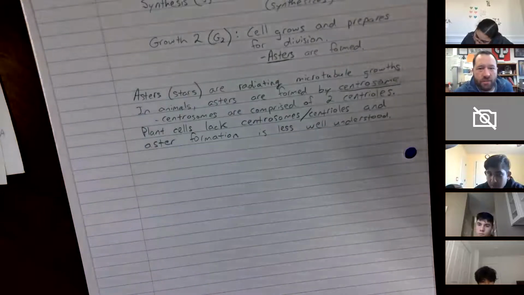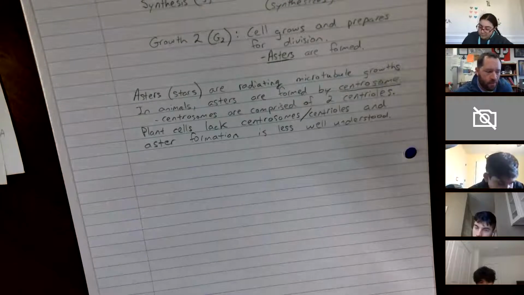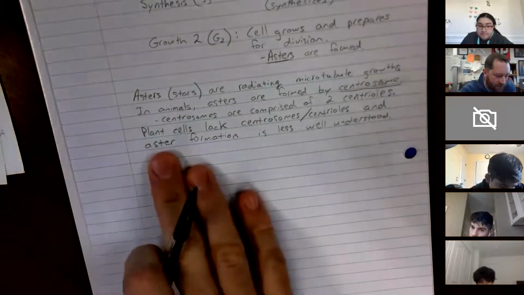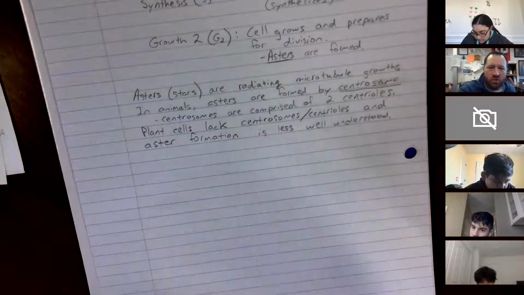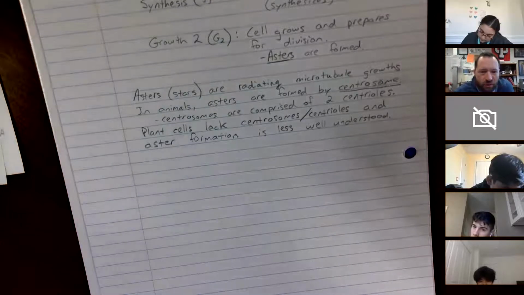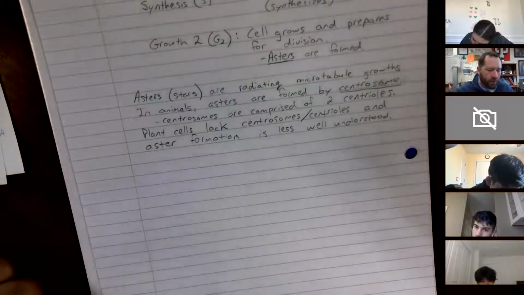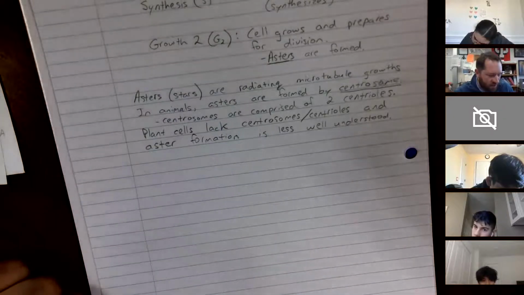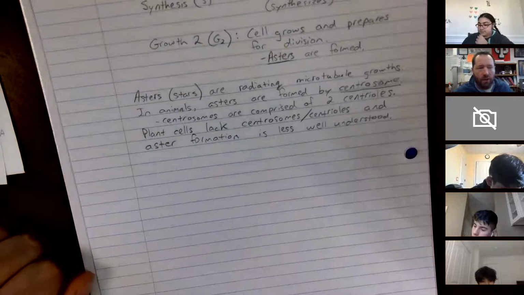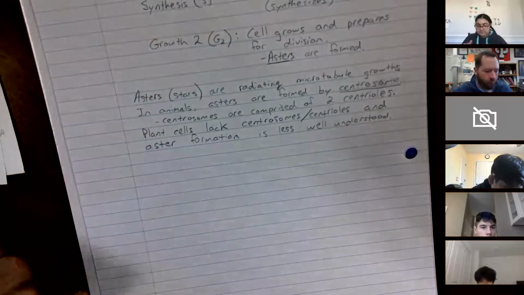We wish it were that clear and cut and dry, and in animal cells it kind of is. The problem is plant cells don't have centrosomes or centrioles, yet they still make asters. So they're still building those microtubules that are radiating out, and again, have a very important role to play in mitosis. We'll see that in a couple days. So the formation of those asters is just not as well understood as we would like to think. If centrioles play such a big role, why is it that plants can build them without centrioles?